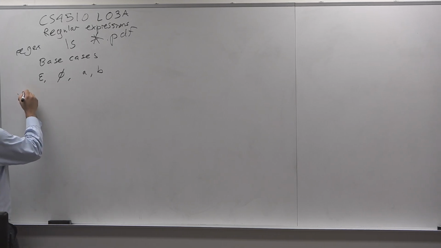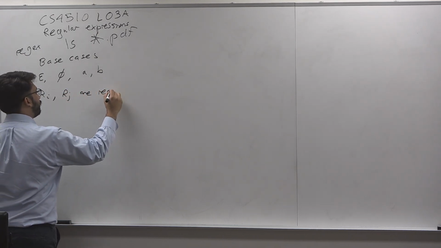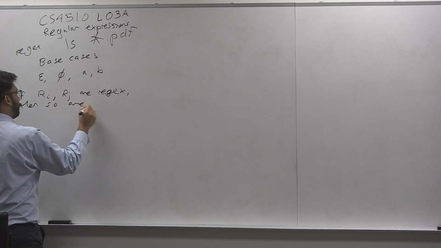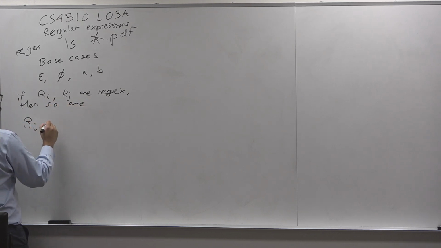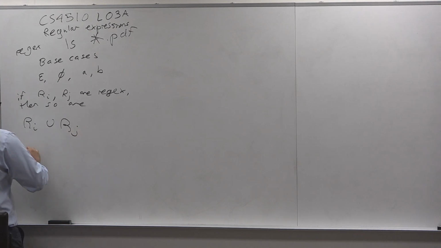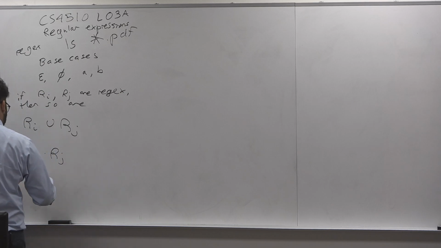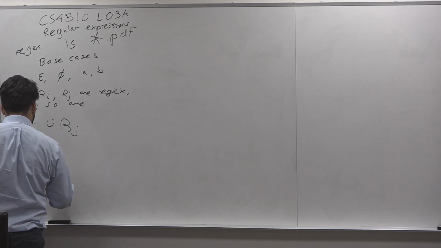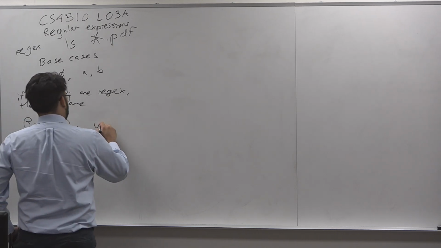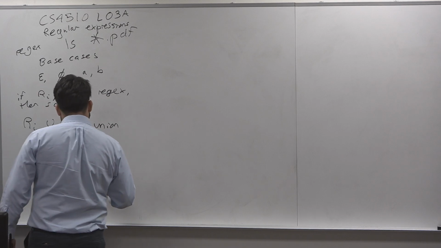So if Ri and Rj are regular expressions, then so are Ri union Rj, Ri dot Rj, which is a concatenation, and Ri star. Now, the three operations are union, concatenation, and star, the Kleene star.